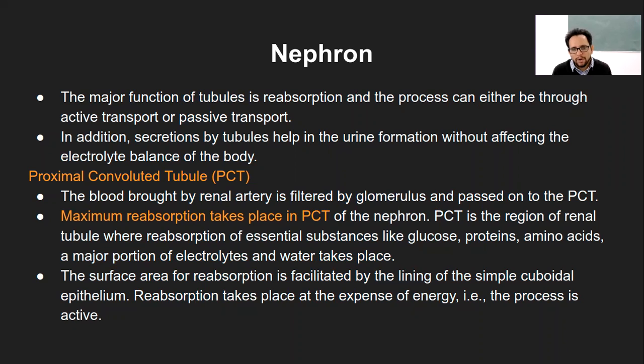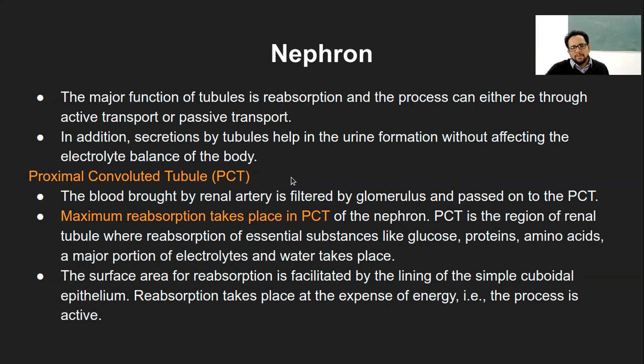If it is more, obviously it will not be reabsorbed, rather it will be secreted and go into urine. If it is less, it will be reabsorbed and not secreted. So depending on the concentration, the electrolyte balance of the body will be maintained based on nephron function, either as reabsorption or as secretion.